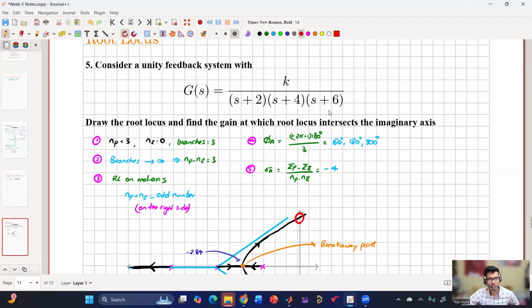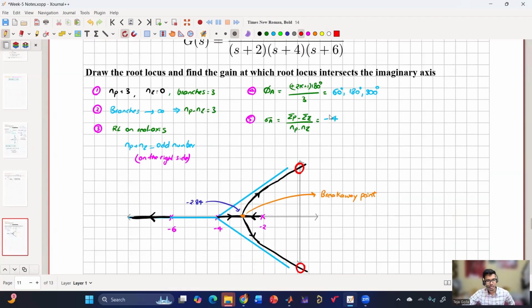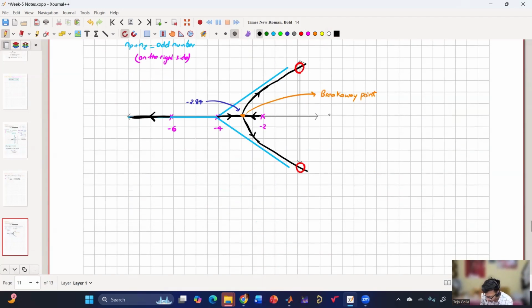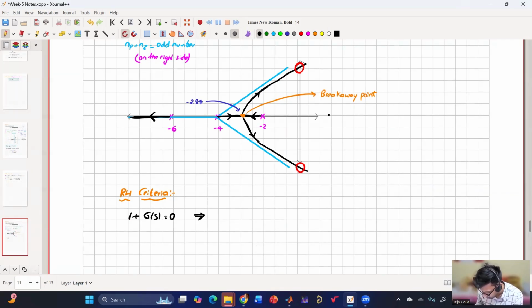So 1 plus g of s is equal to 0, right? So we'll apply the Routh-Hurwitz criterion. So 1 plus g of s is equal to 0. So now we have to apply it for this. So now we'll get (s plus 2)(s plus 4)(s plus 6) plus k is equal to 0.